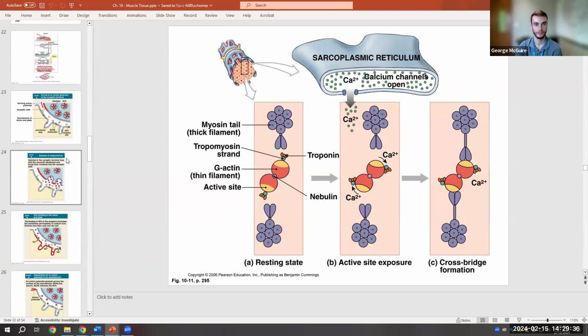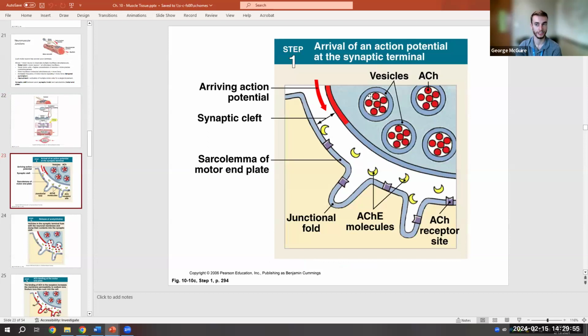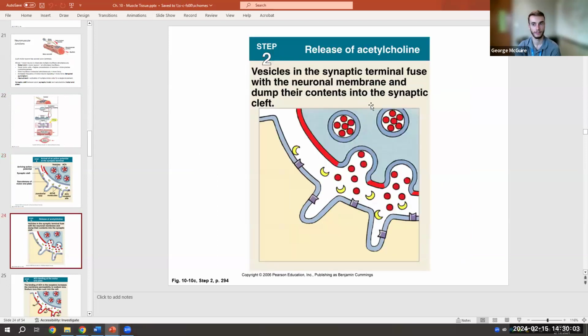So backing up and talking about this again, we had an action potential that flooded down the membrane of this neuron, the axon, until it reached the synapse where the axon meets the cell that it is innervating. When it reached the synapse, it activated these vesicles or caused these vesicles to fuse with the membrane and release these acetylcholine neurotransmitters into this space.